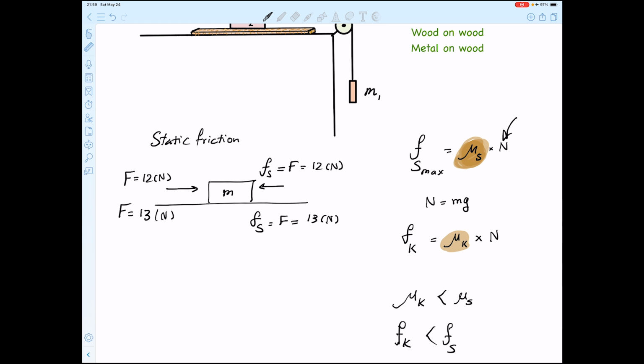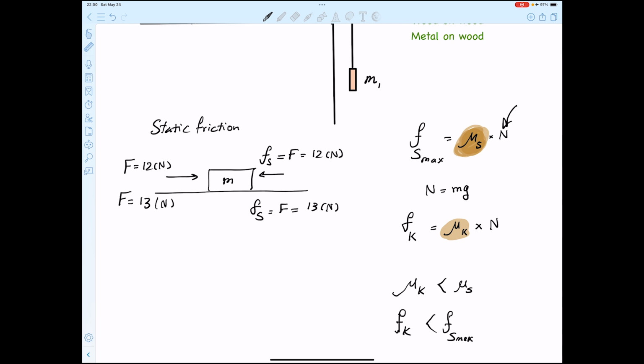So the amount of kinetic friction is always less than the maximum amount of static friction, F s max. This is a little bit of background that we need to know before we start doing the lab.